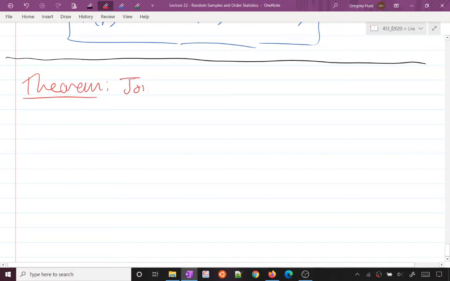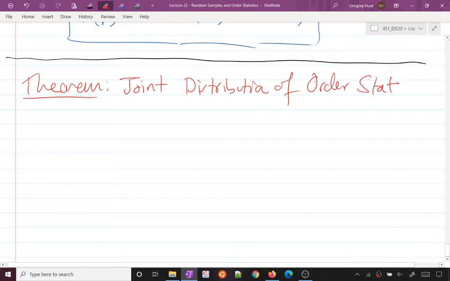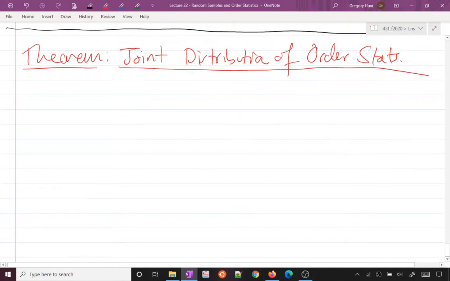But we can talk about the joint distribution of order statistics. We won't talk about the joint of 3, just 2 at a time. You could do, say, 3 order statistics, but that's going to start to get real complicated. So here we're going to have 2 numbers, r and s. r is going to be less than s.